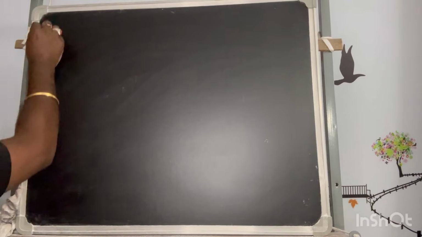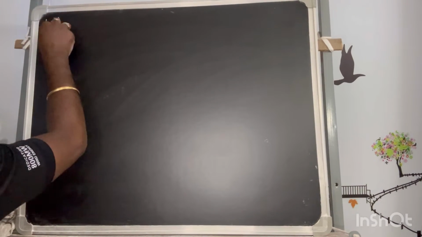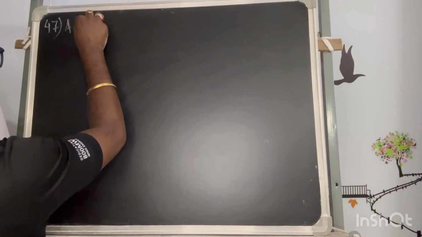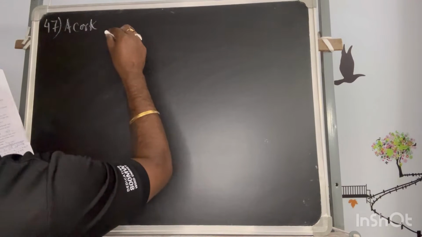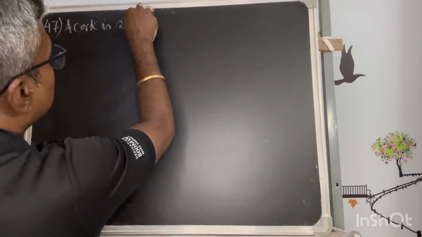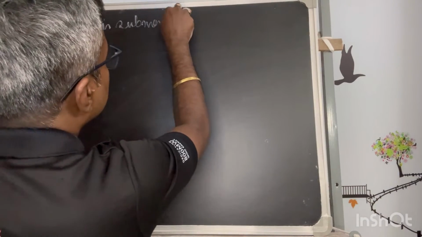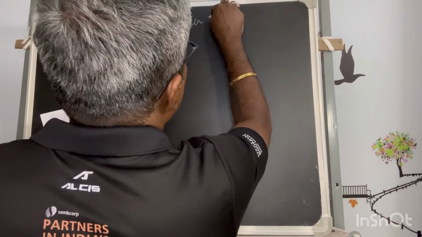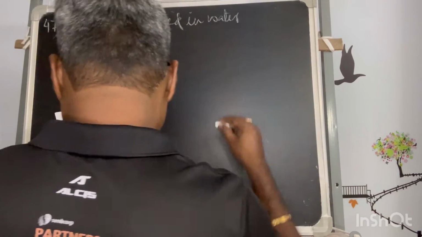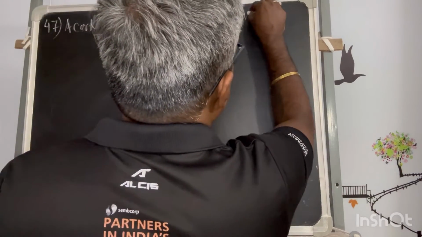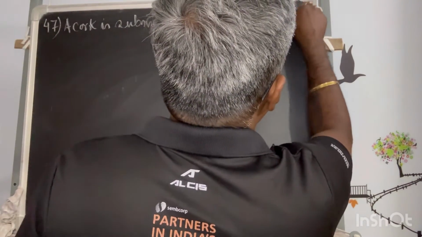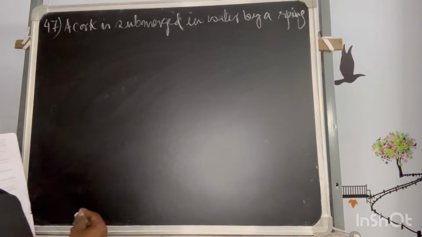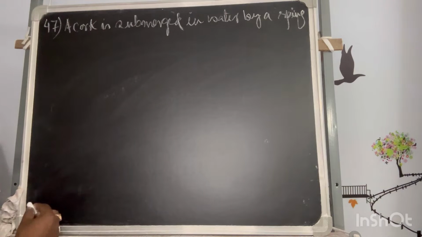The 47th problem says a cork is submerged in water by a spring attached to the bottom of a bowl.